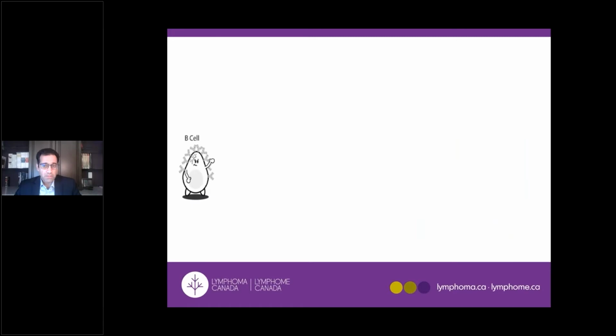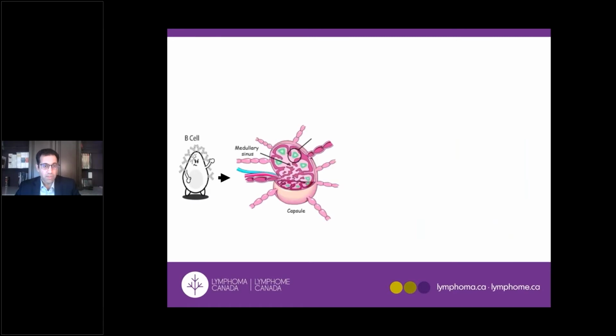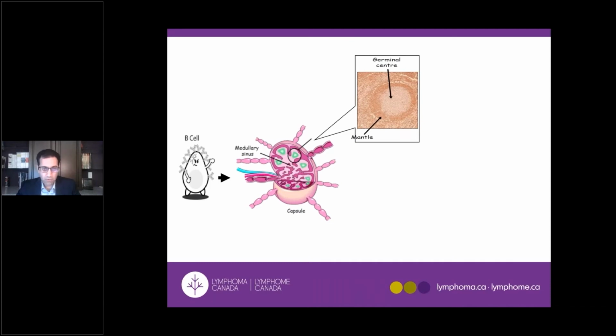The students, which are B lymphocytes, finish high school. Then these lymphocytes go to university, the lymph nodes, where they sit in classes, and these classes usually look like follicles. So they sit together. When we do a cut section on the lymph node, we can see small cells because they are mature, and we can see them sitting in follicles.